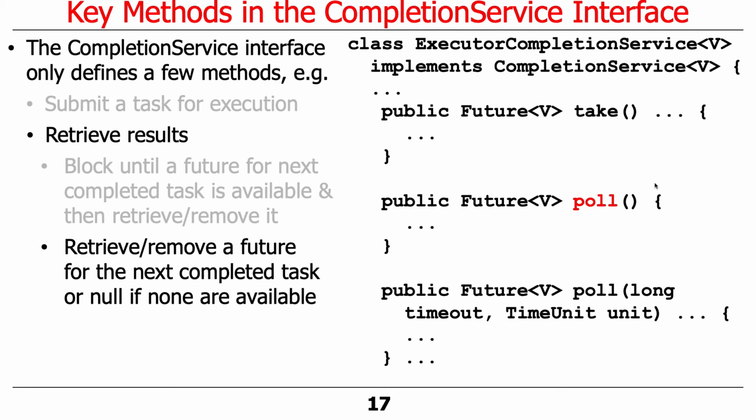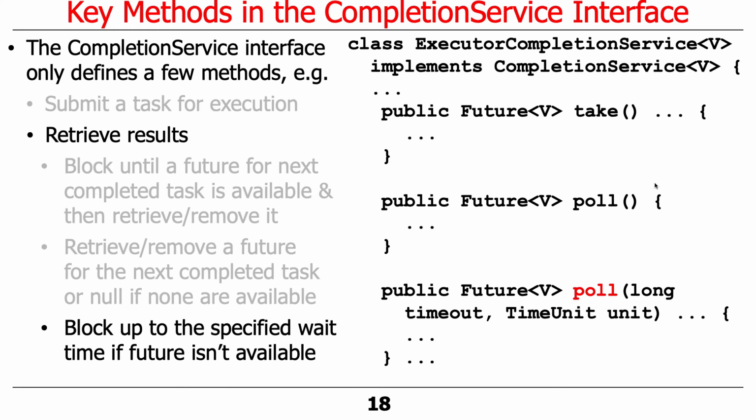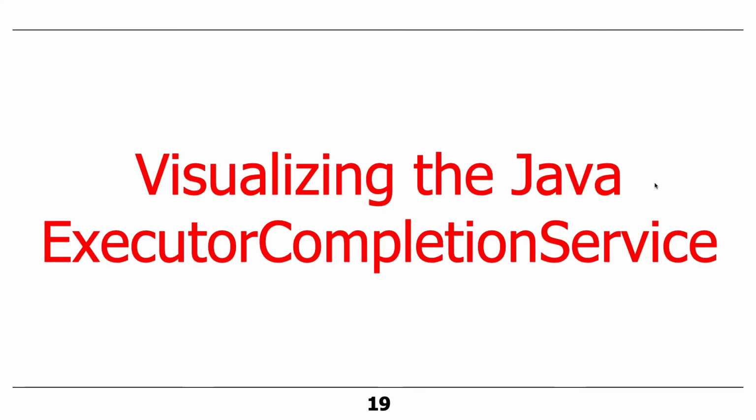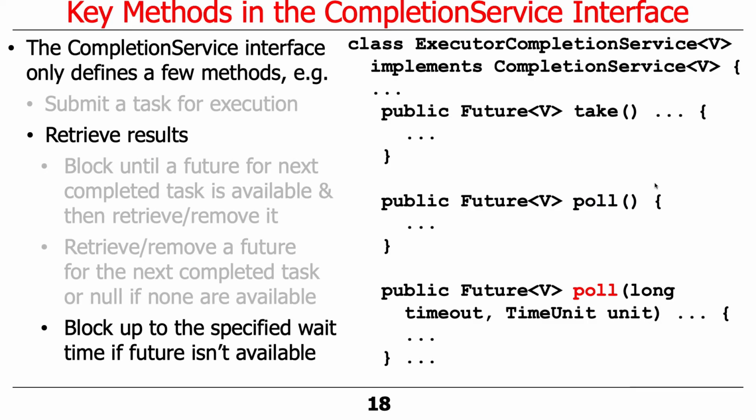Otherwise, it'll just return null. So it doesn't block. It's like a try-take, if you will. It's a polling operation. And then the second poll method takes a timeout, and it'll wait up to that amount of time to get a result. And if it gets it, it'll give you back the future. Otherwise, you get back a null. OK, so those are the methods. You can see they're really, really simple. That's what makes this framework fun to use. It's very simple to use once you know how to connect it together with an executor of some type.